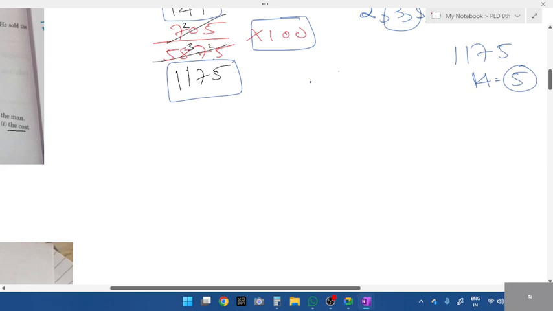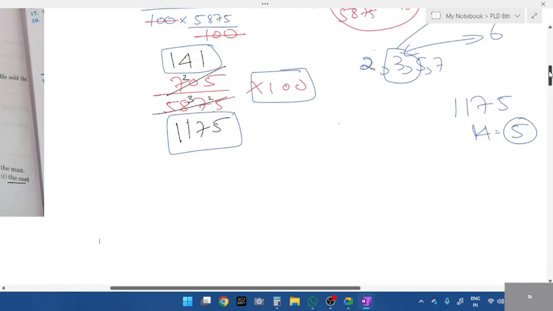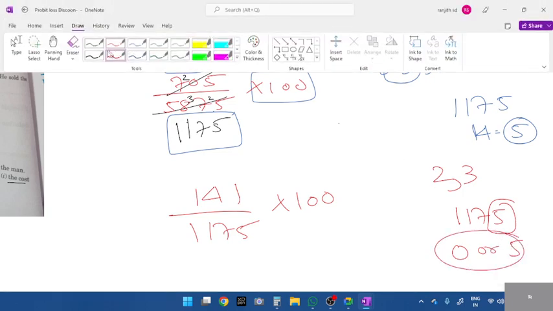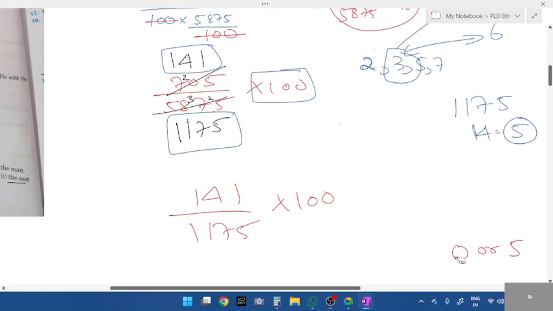Clear? Okay. Now let me solve this. I thought you all would have known all this. Okay. 141 divided by 1175 into 100. So 2 and 3 I have done. For the 5 times table, do you know the rule? The last number should be 0 or 5. And for 3 times, just add everything together. It should be divisible by 3.